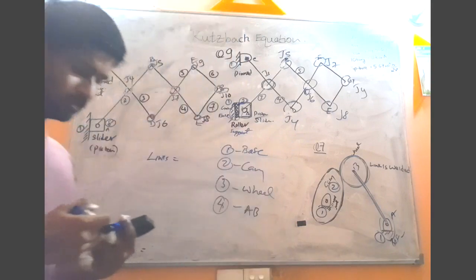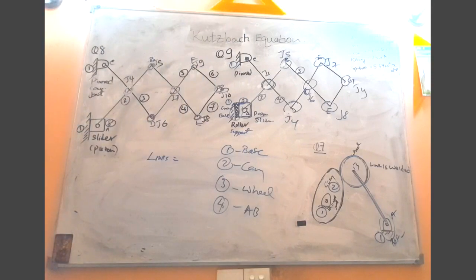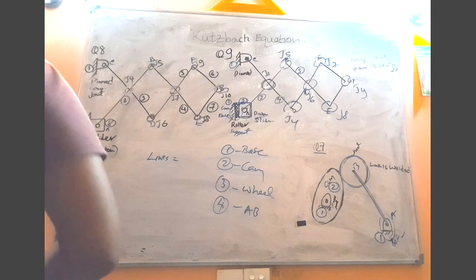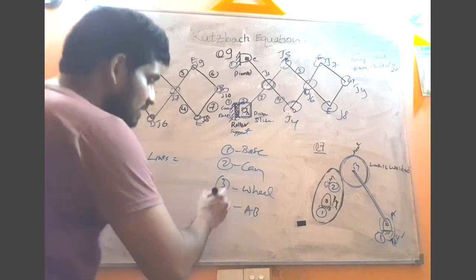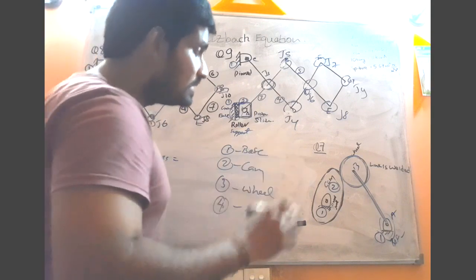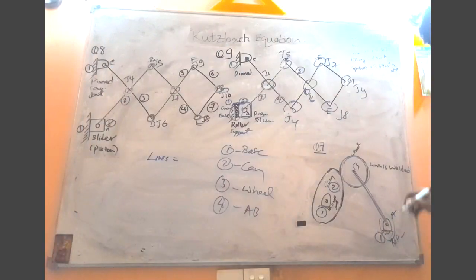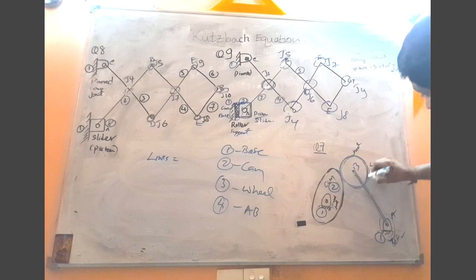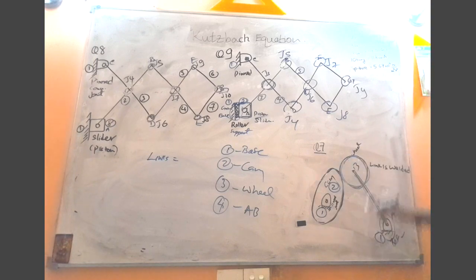But be very careful. You cannot name them as link 3 and link 4, because this link AB is actually welded to this wheel, right? So it is a welded joint there. So you cannot say 3 and 4.